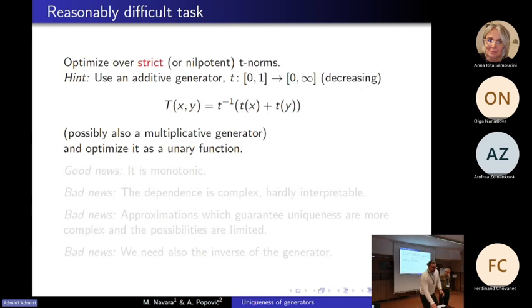I would say that doing it for all continuous T-norms could be a possible next step. But it cannot be done without a satisfactory solution of this step. It obviously must be based on a solution of this task first.